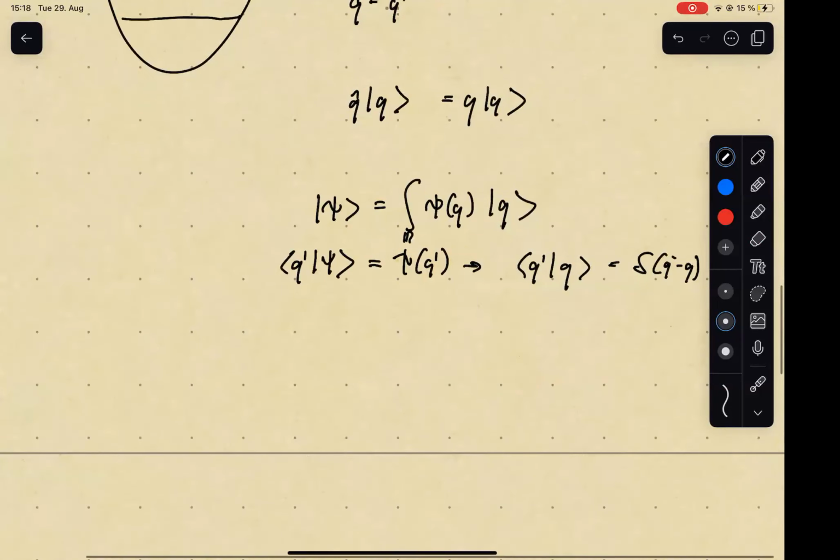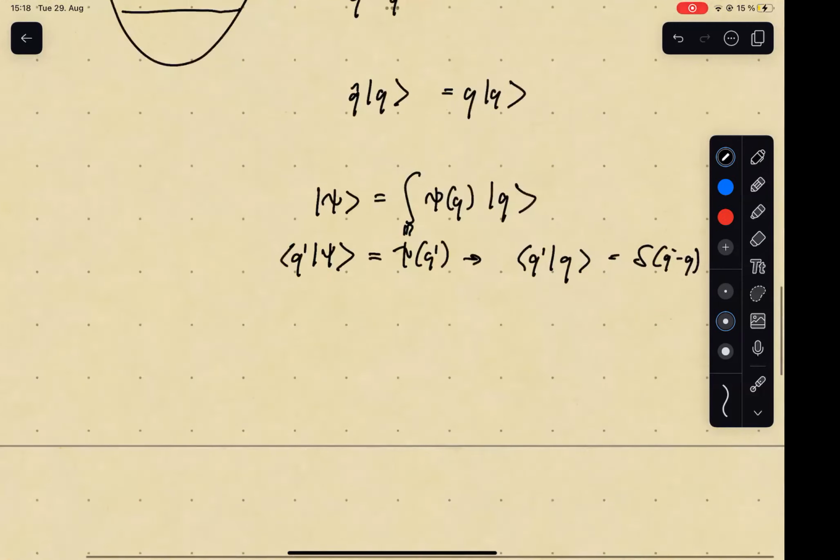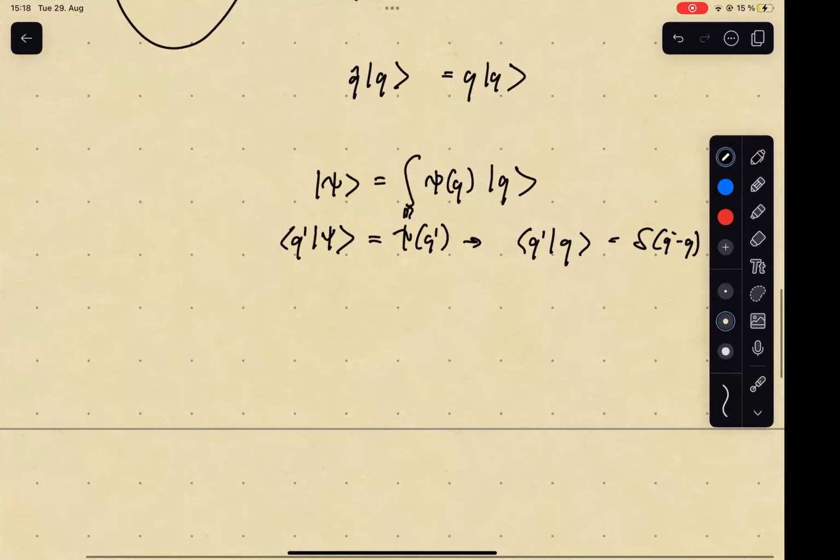But you can find a representation of the state relative to a basis, which is here the wave function, localized in the Q basis. So let's play a game. What happens if I apply e to the minus i alpha p to a state?